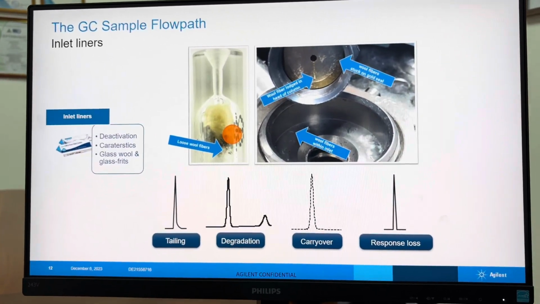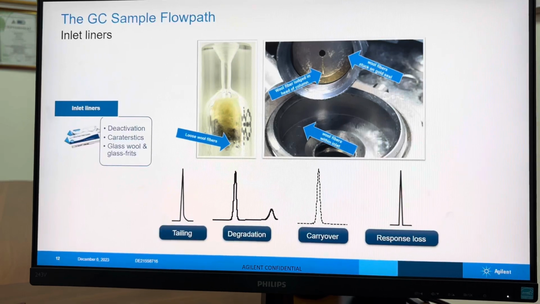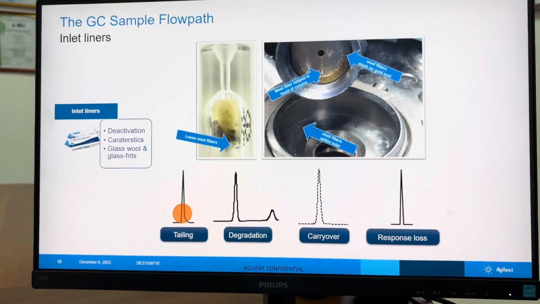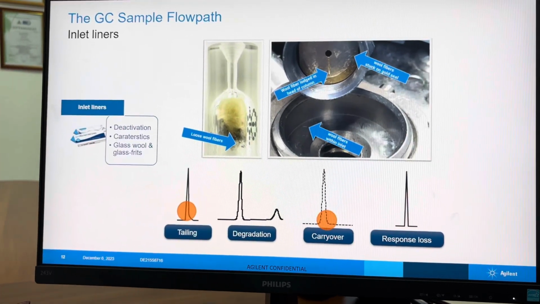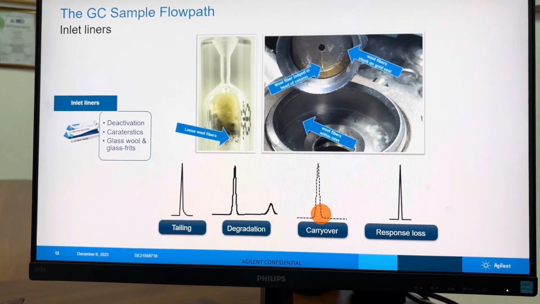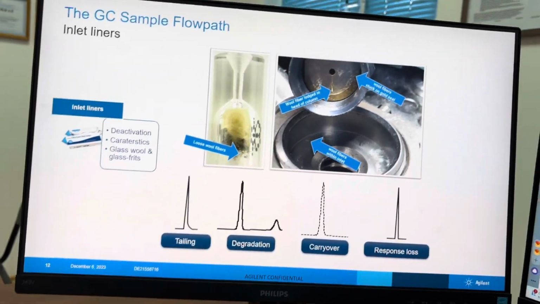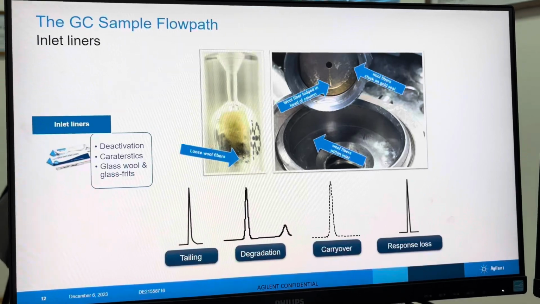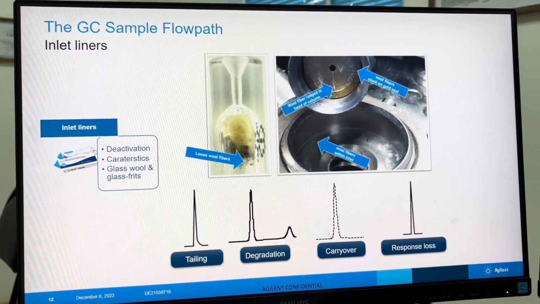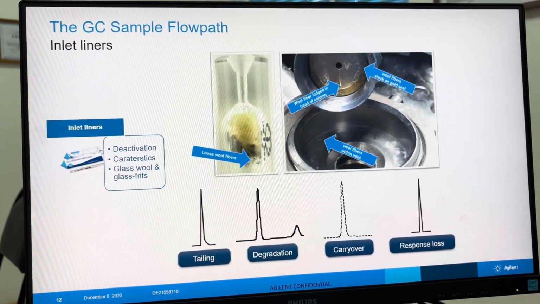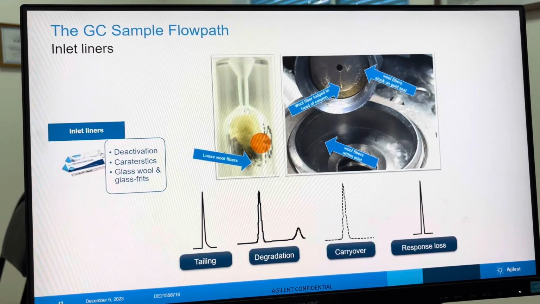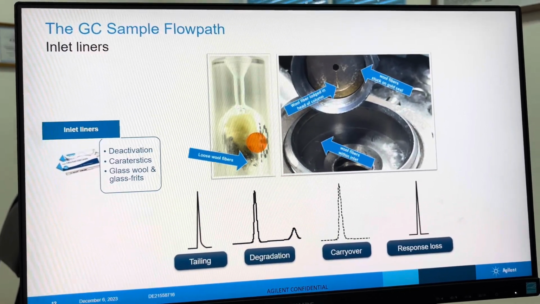That means the RSD of the area can fall down, or you will see an unknown peak or an extra area in the next run. Those kinds of problems. That's the reason it is very important not to create any active surfaces. So preferably, collect pre-packed liners and use them.